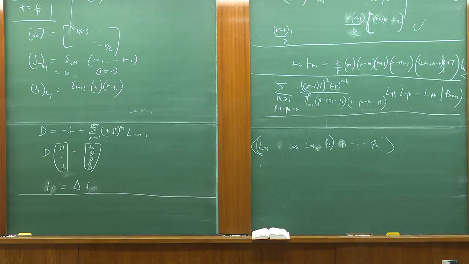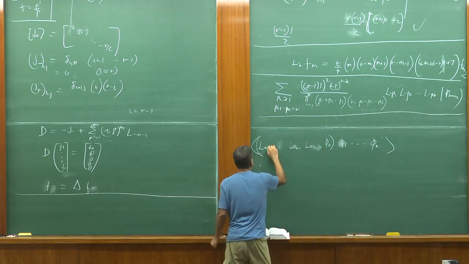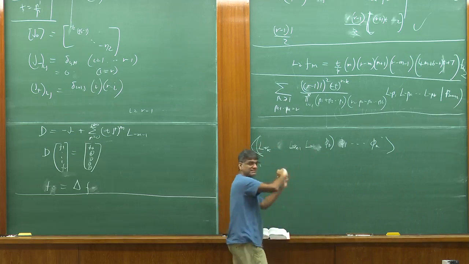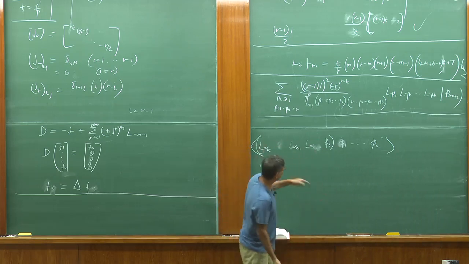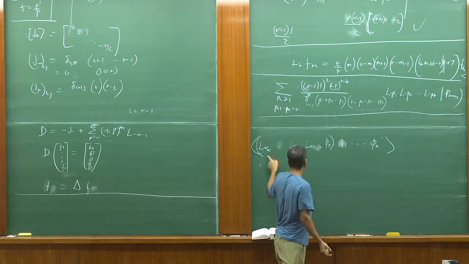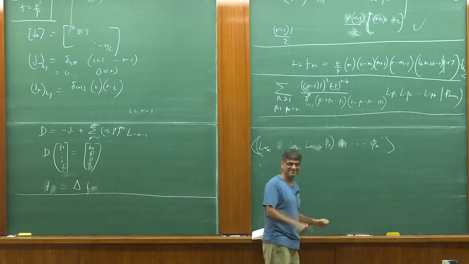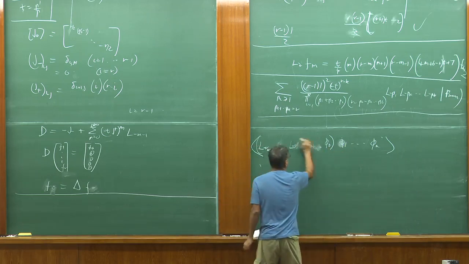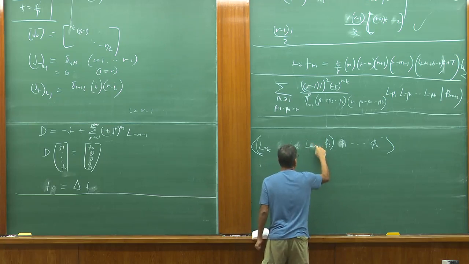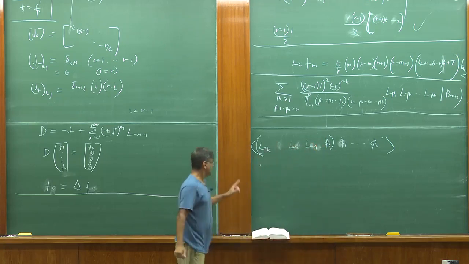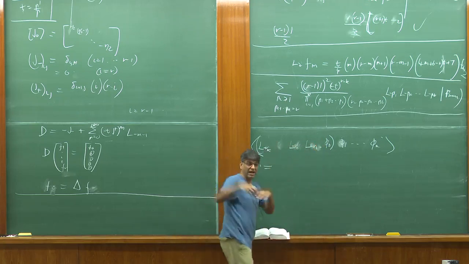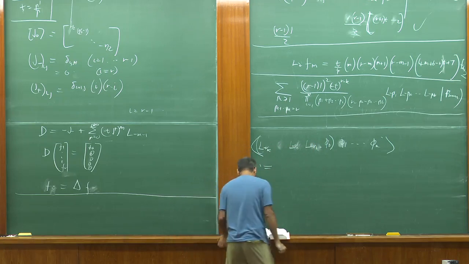Actually, let's reverse the order. Let's do L minus Rk, because then, when turning it around, it'll act with Rk on this. So L minus Rk up to L minus R1. Now this, we argued, was the same as the following.